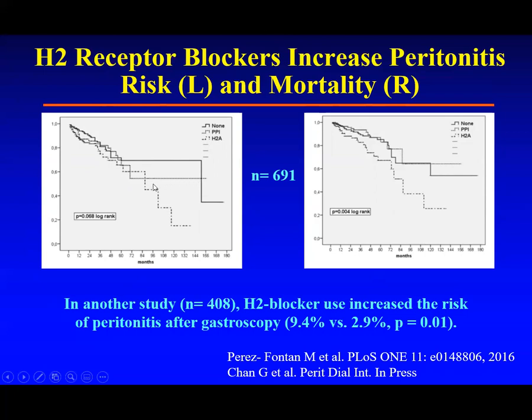The patients using an H2 receptor blocker in the thicker dashed line, this lower line, had a higher probability of developing peritonitis, a higher likelihood of mortality from peritonitis. And in another study that is still in press, not yet published, it has been shown that H2 blocker use increased the risk of peritonitis after gastroscopy by nearly 4-fold.